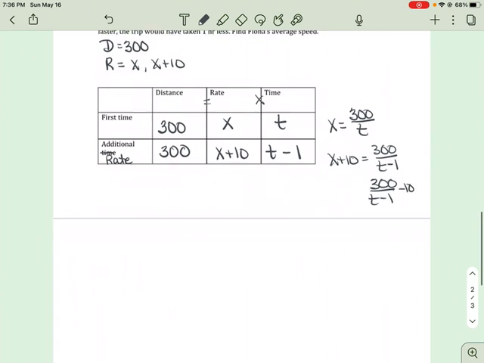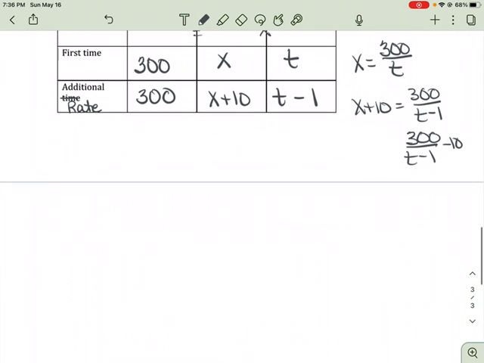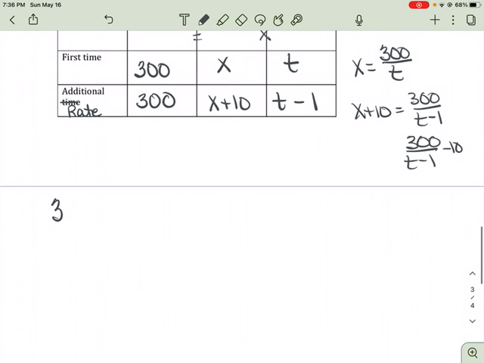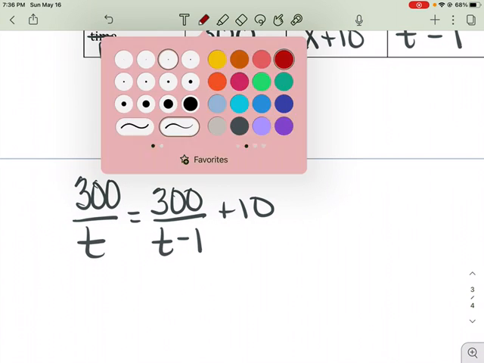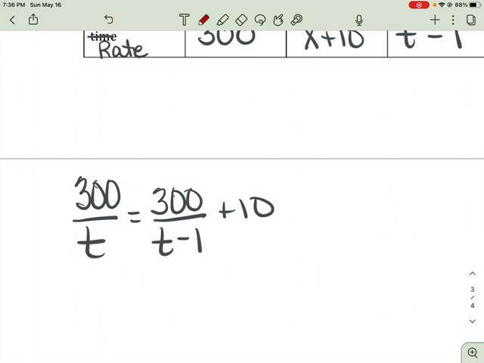We have fractions, so we multiply through by the common denominator, t times t minus 1.